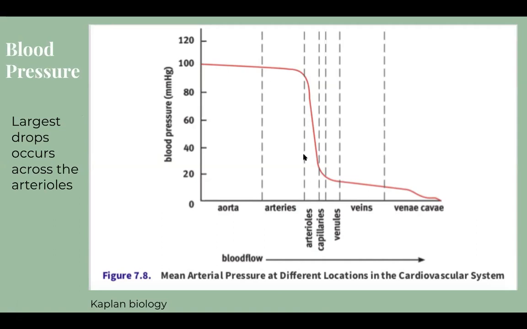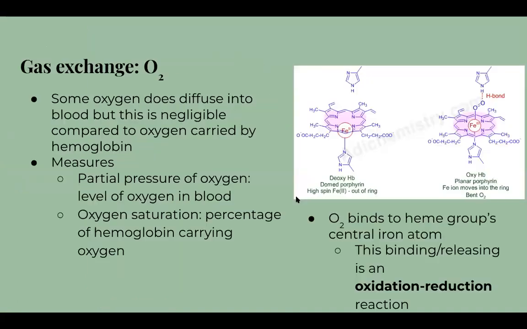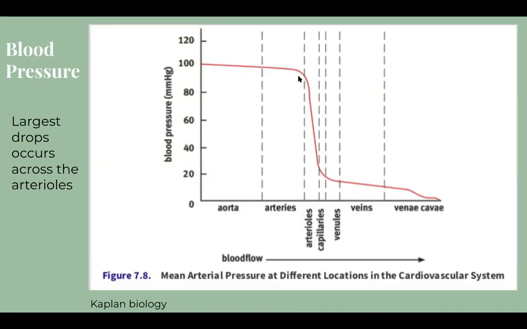As to why it's the arterioles, I think it's because it's the first move from bigger blood vessels to smaller blood vessels. When you're entering from the arteries, the transition to the arterioles is moving from really big diameter blood vessels to smaller ones.